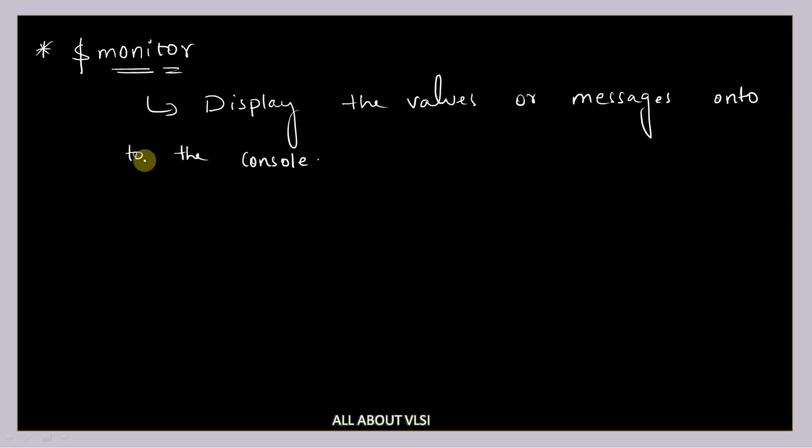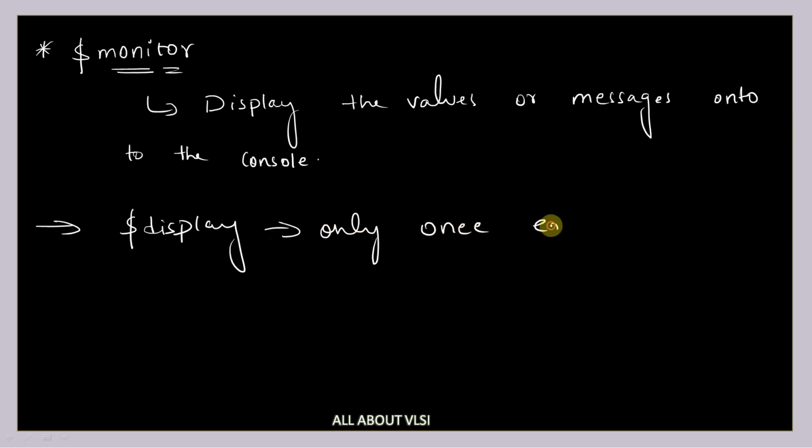Now, sir, we have $display also. Then what is the use of $monitor again? We have a very good use case for this $monitor. Basically, $display is going to execute only once. This $display statement will be executed only once.